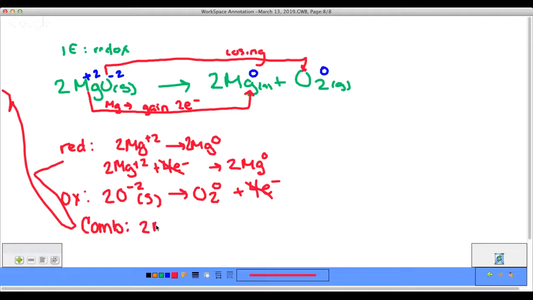So I have 2 magnesium with a +2 charge, 2 oxide with a -2 charge, and it produces 2 magnesium plus oxygen. That's really my combined reaction. Again, you're showing that the number of electrons cancels out. So hopefully that makes sense.